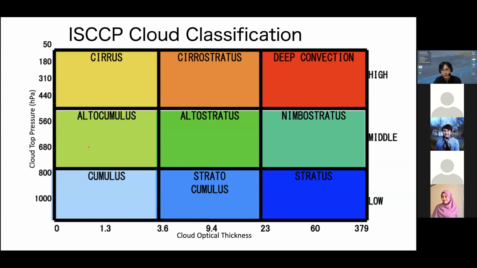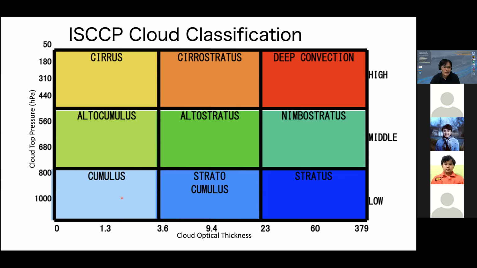In the case of a precipitating cloud, which you can see from the ground when rainfall occurs at the surface during daytime, the sunlight is attenuated due to so many precipitating droplets. In that case, the cloud optical thickness is increasing.